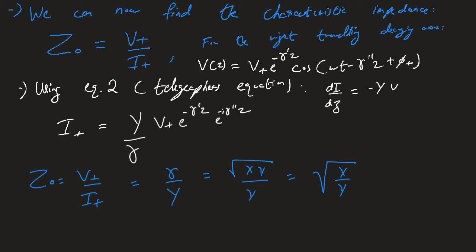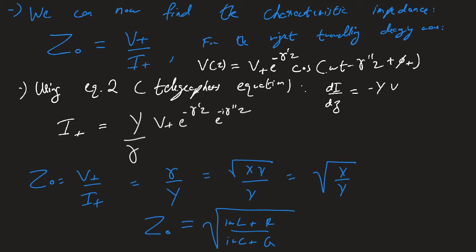So Z naught becomes equal to, and this is a very important result, perhaps one of the most important results, not the most, in transmission line theory that we will study. So Z naught becomes equal to the square root of iota omega L plus R over iota omega C plus G.